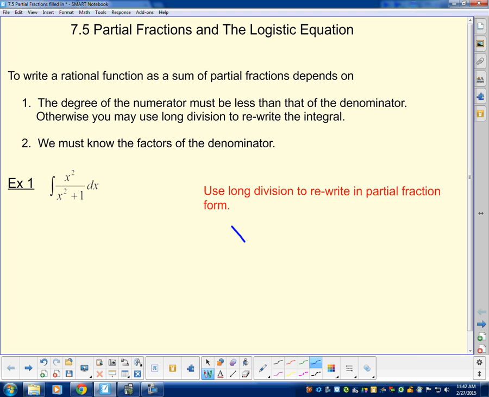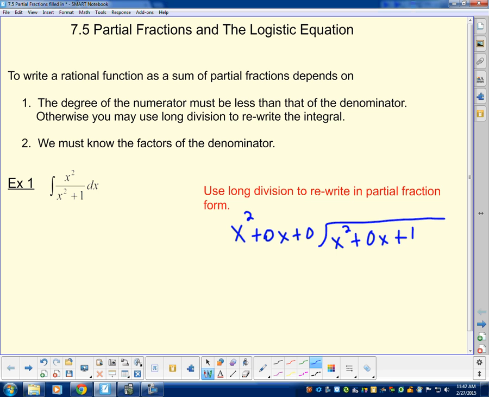Take x squared, and we're going to divide it into, we should probably put our placeholders here, 0x plus 0 if you want. We're going to divide it into x squared plus 0x plus 1.